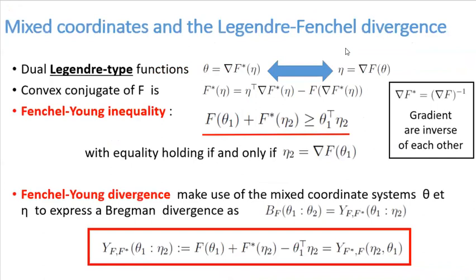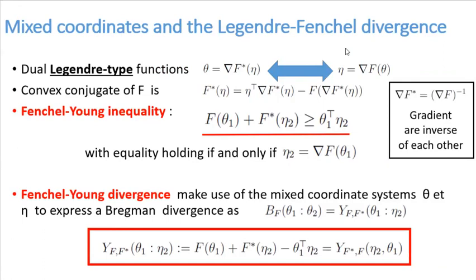So in that case, I can define a very nice kind of function, which are called Legendre type functions. And the convex conjugate of F is defined by this Legendre function. And we have this Fenchel-Young inequality here. In that case, the gradients of Legendre type convex functions are inverse gradients of each other.